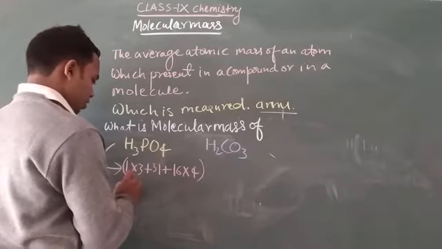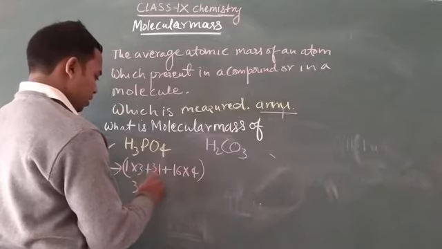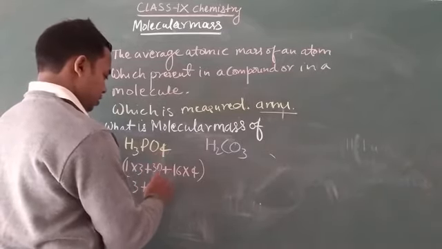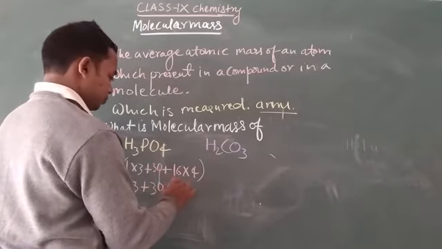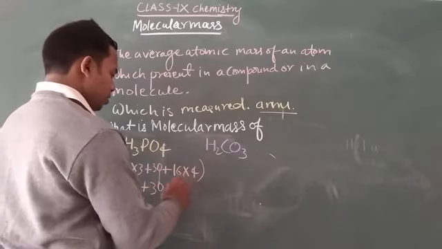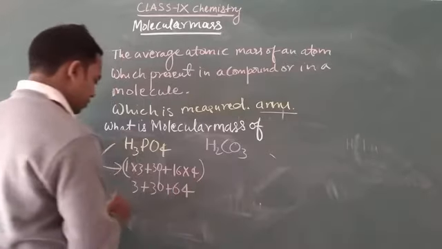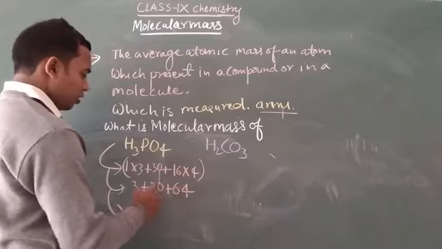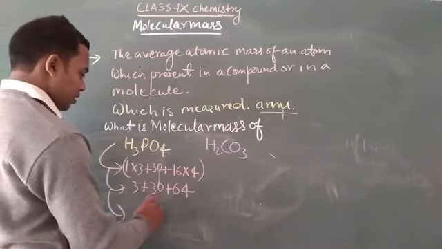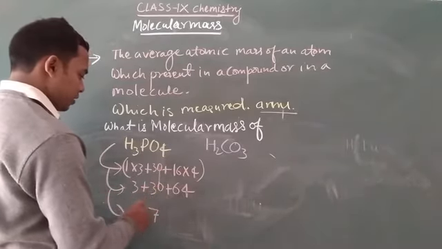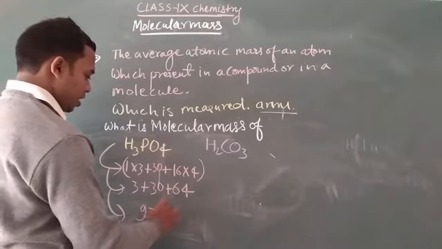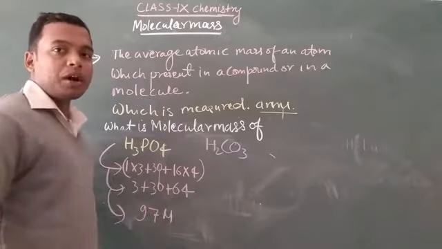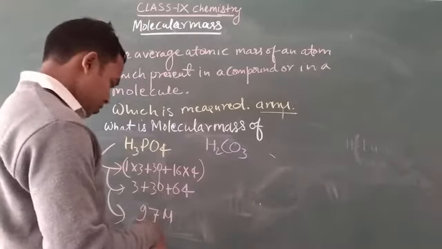Now 3 plus 31 is 34, and 64, and then we find the value: 4 plus 3 is 7, 3 and 6 is 9, 97 unified mass, 97 unified mass.